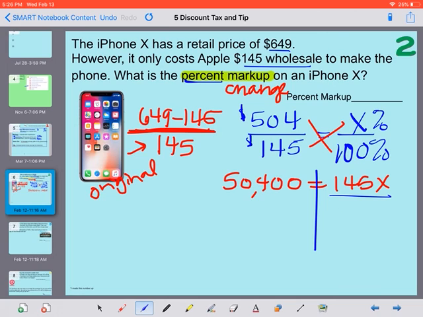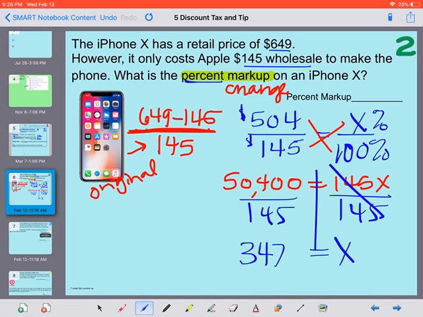And if we divide by 145, we get x equal to 50,400 divided by 145, which is 347.5%. I'm just going to go to the nearest whole number and round that to 348%.